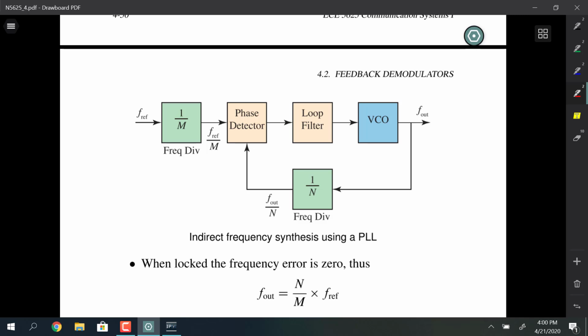It's not a sigma delta or fractional-N type of synthesizer. This is the predecessor to the more modern types, but understanding this is a very good starting point.